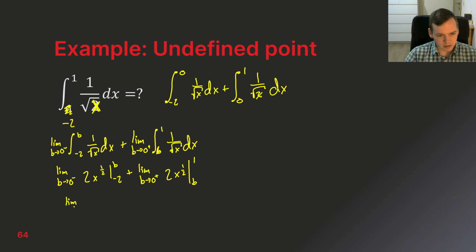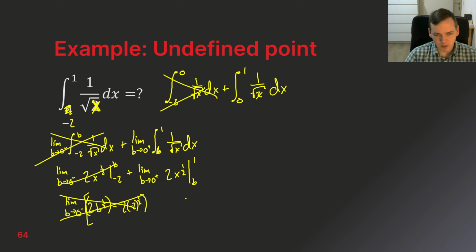So that's going to be the limit as b approaches 0 from the negative side of 2b to the 1/2 minus 2 times negative 2 to the 1/2. And that's why I couldn't have the negative in here. Okay, so my swap, if you had seen this earlier, great. But my swap doesn't work here, so this whole bit we're just going to ignore, pretend like that didn't happen. We can still do the right-hand side. I knew I'd put that in there for a reason, but I was trying to get clever here.